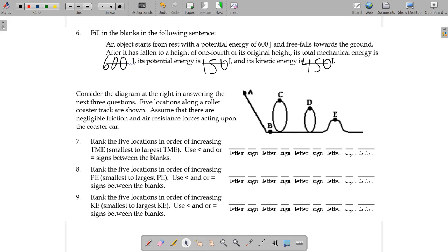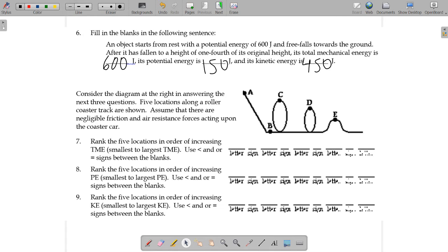It says, consider the diagram at the right in answering the next 3 questions. 5 locations along a roller coaster track are shown. Assume that there is negligible friction and air resistance acting upon the coaster car. Okay, guys, so here we have a roller coaster. It starts off at rest, and it goes down this hill here and goes through these 2 loops here before going up this hill and coming out over on this end. It says, rank the locations in order of increasing total mechanical energy.